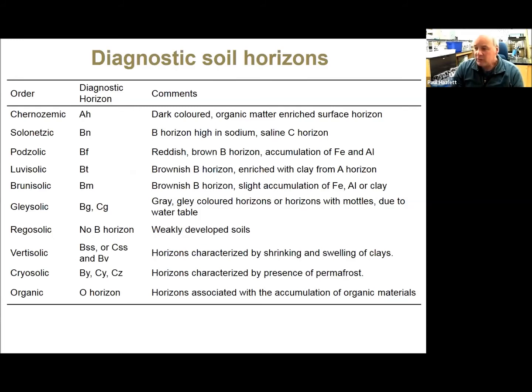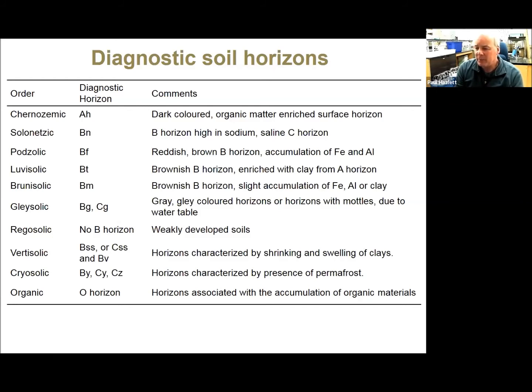I'm not going to go through this slide in detail, but I wanted to show it for further reference if people want to look. These are the diagnostic soil horizons that we identify for the different soil orders that we have within Canada. So within our classification system in Canada, we have 10 different soil orders that are shown on the left side of this table.